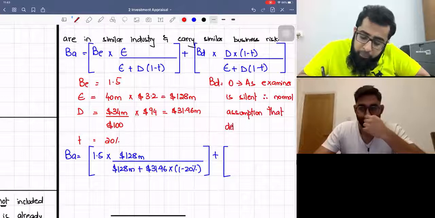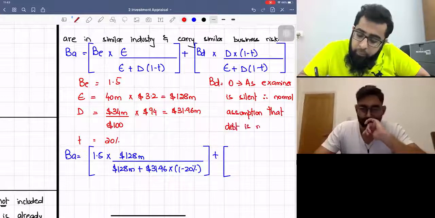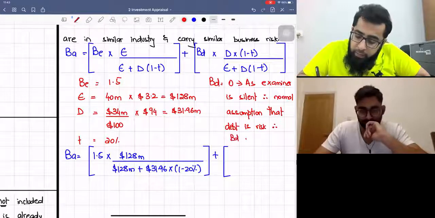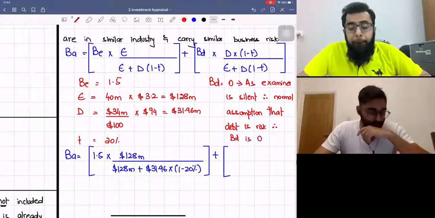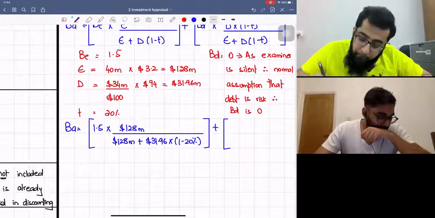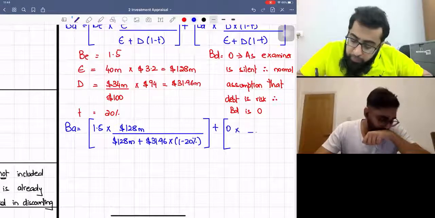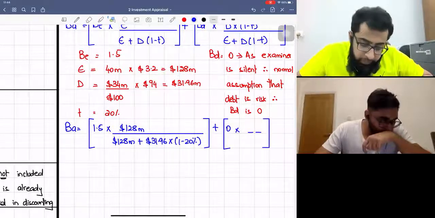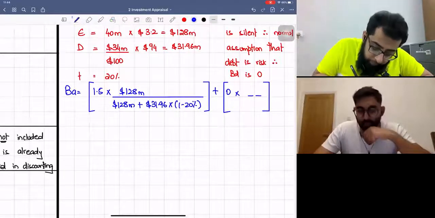Therefore, beta debt is 0. So 0 multiplied by any number will be 0. So the beta asset will be 1.25.